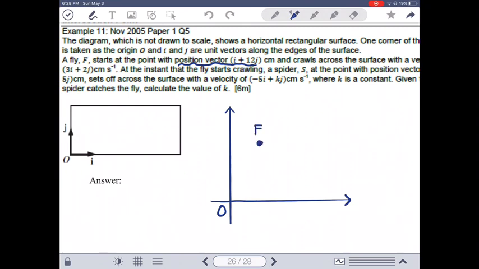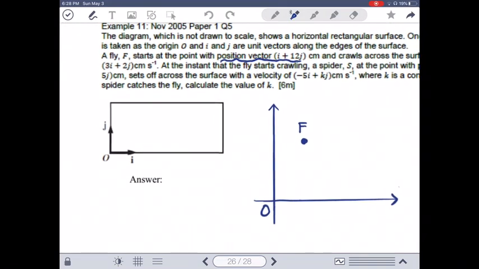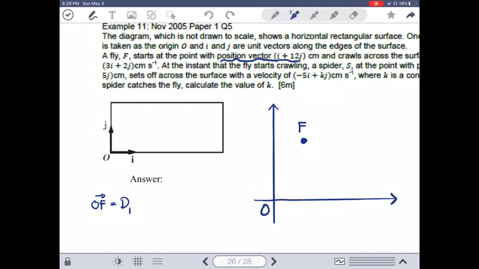So OF, in terms of position vector, or we can say displacement of the fly, is just 1, 12. So I represent D as the displacement.